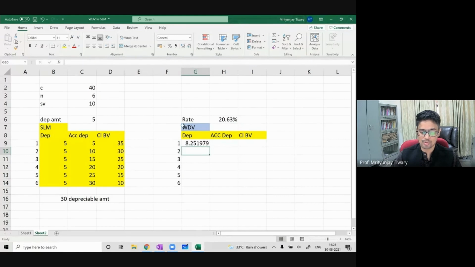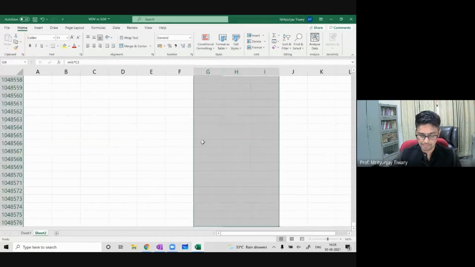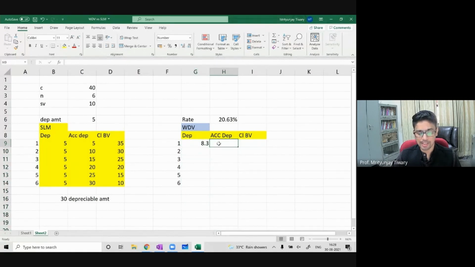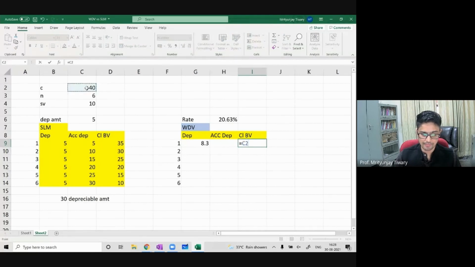Let me change the formatting a little bit. So we have a depreciation amount of 8.3 lakh rupees. Now how much will be the closing book value? You started with 40 and you showed this much depreciation, so closing book value will be 31.7.